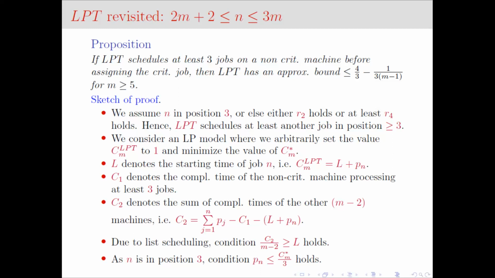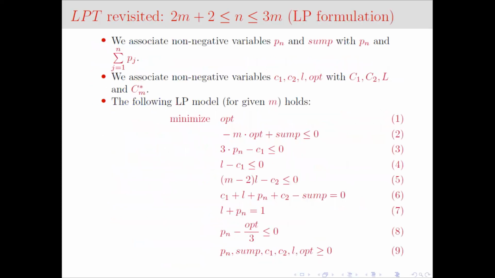And eventually, as we know that job n is in position 3, we know that the processing time of this job n cannot be superior to Cm star, the optimal solution, divided by 3. Which basically says that the optimal solution is at least 3 times the smallest processing time, which is always a condition that holds. And then we have a linear programming formulation. Notice this linear programming formulation actually has 7 variables or something like this, so it's very small.